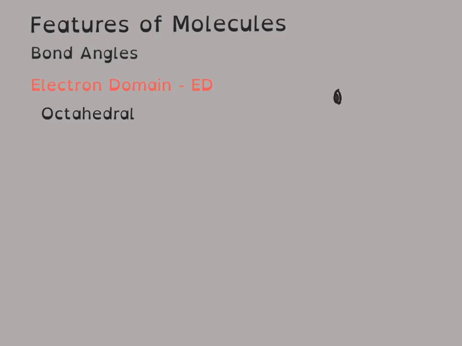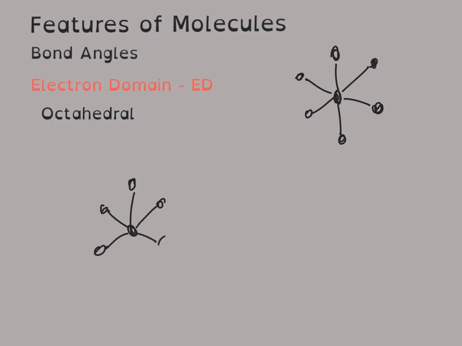In octahedral, the bond angle effect is even more minimized because you started with all 90s, and if you remove one of the bonds to become square pyramidal, you don't see much of an effect. The bond angle here is 90 degrees.